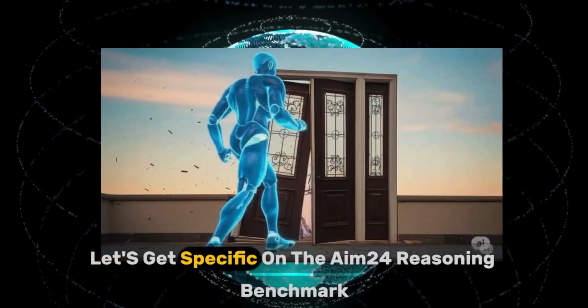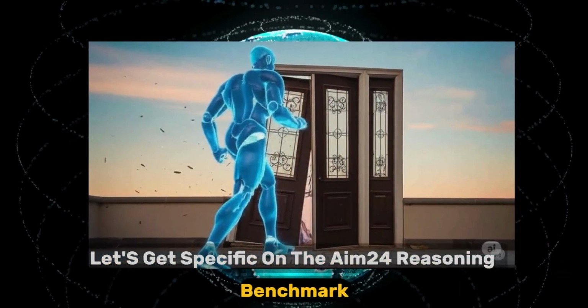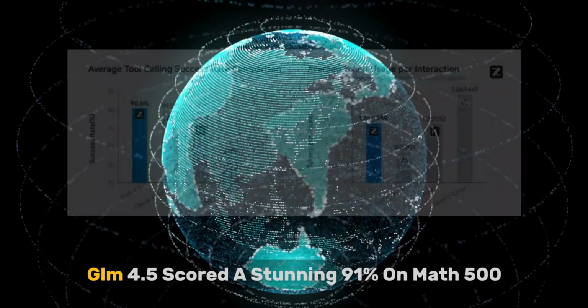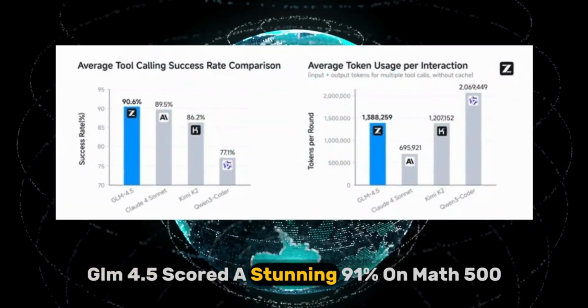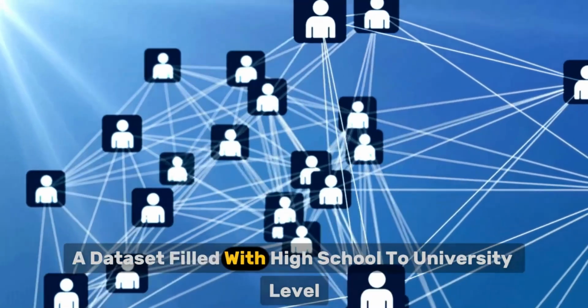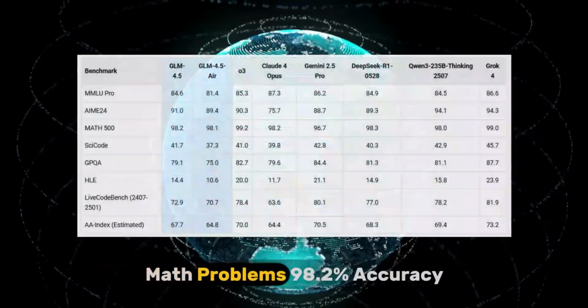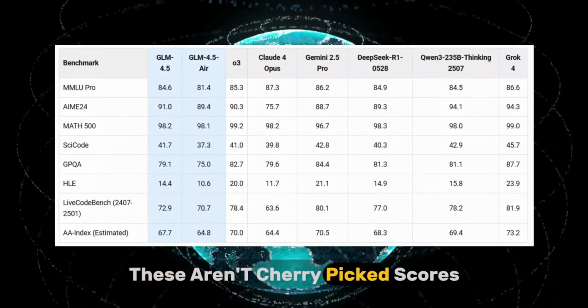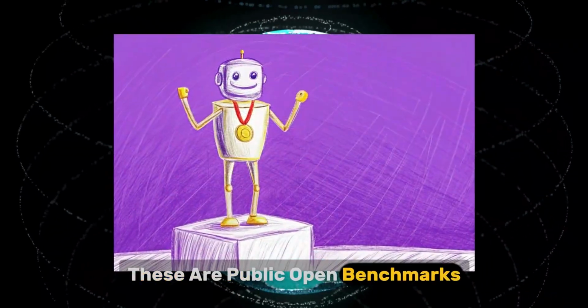Let's get specific. On the AIME 24 reasoning benchmark, designed to test long-range thought, logic, and problem-solving, GLM 4.5 scored a stunning 91%. On MATH 500, a dataset filled with high school to university-level math problems, 98.2% accuracy. These aren't cherry-picked scores. These are public open benchmarks.